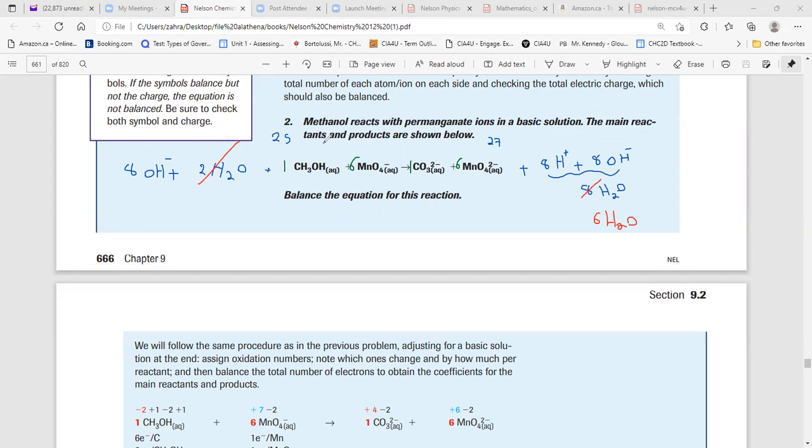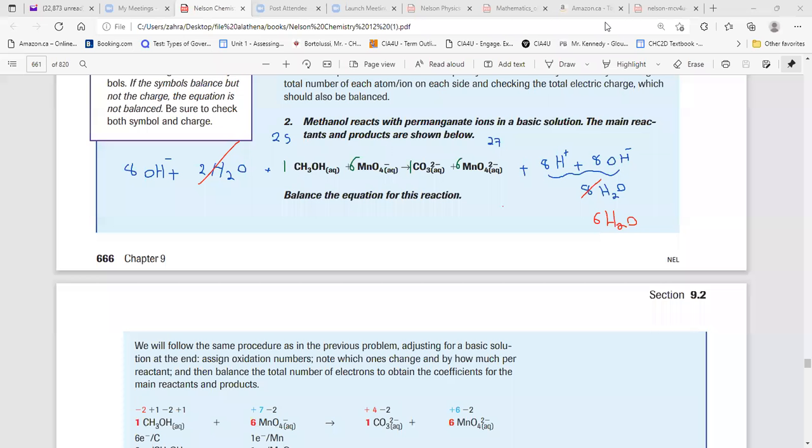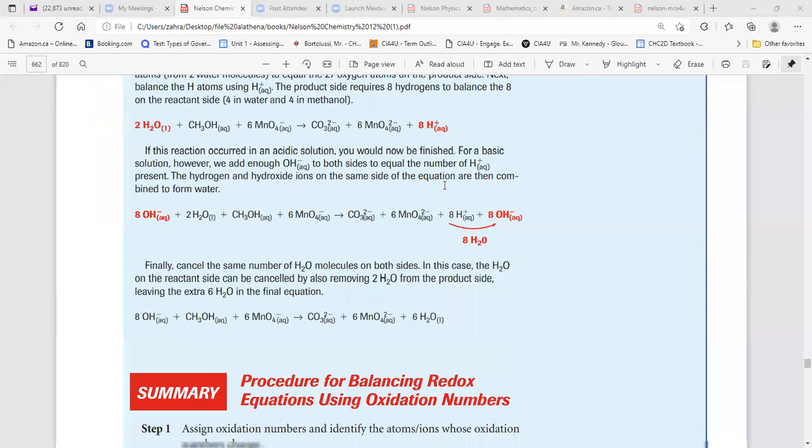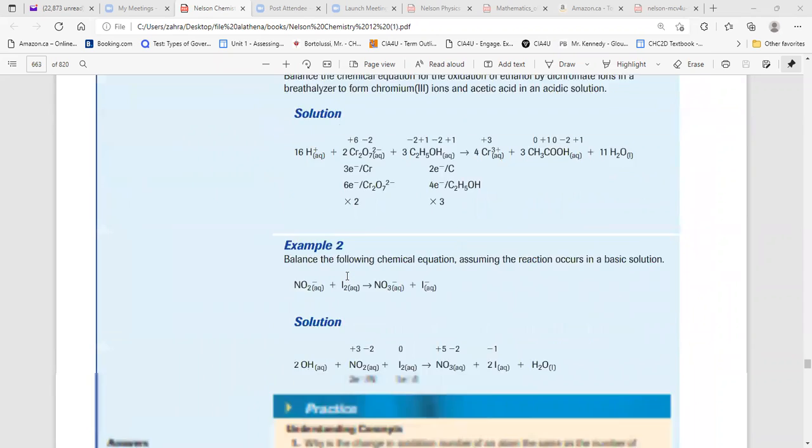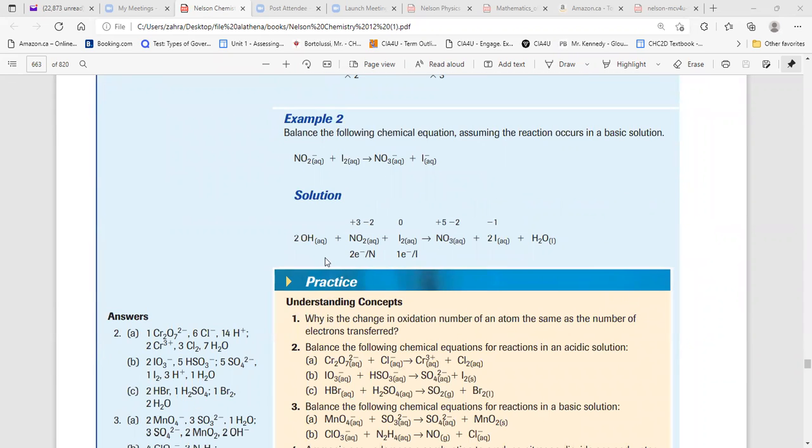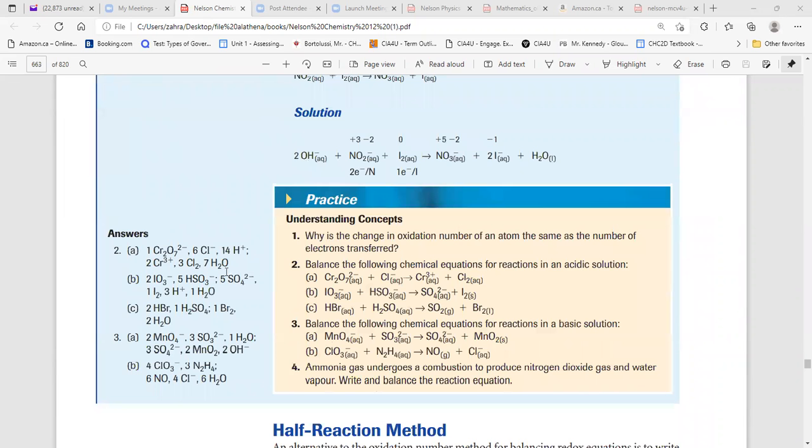And you just rewrite it nicely to show your solution. Okay, let's just erase this. Now here's another question that you do the same thing, so I'm not going to explain that. For practice, you can do question number 2.